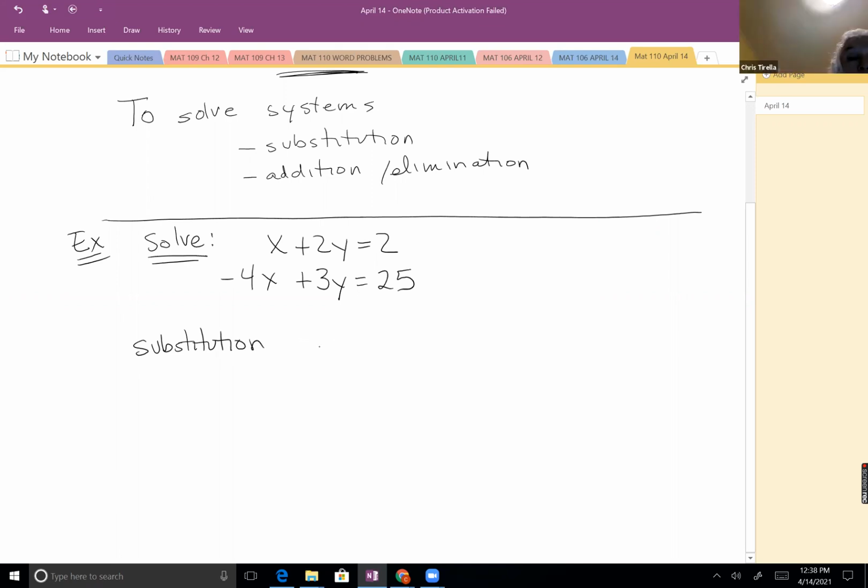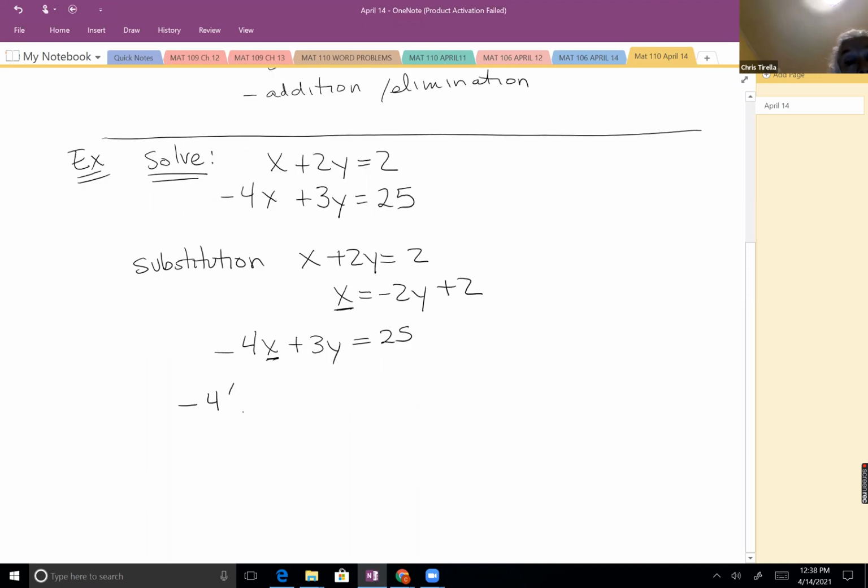And so in the first equation, x plus 2y equals 2. Subtracting, we'd get x equals negative 2y plus 2. And so now in the other equation, negative 4x plus 3y equals 25, we're going to replace x with what we just said it equals. Negative 4 times negative 2y plus 2, plus 3y equals 25.